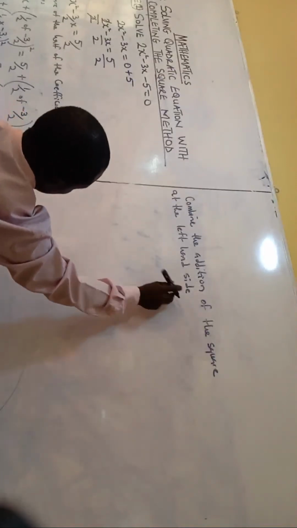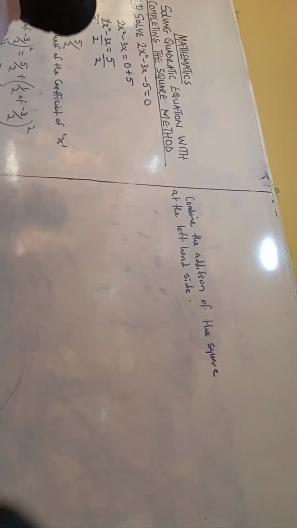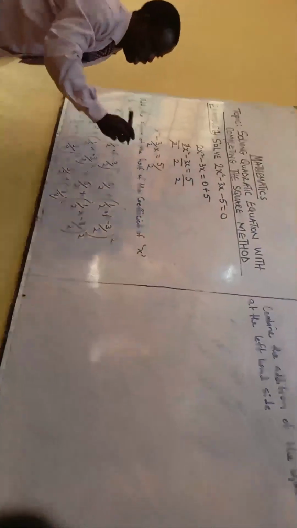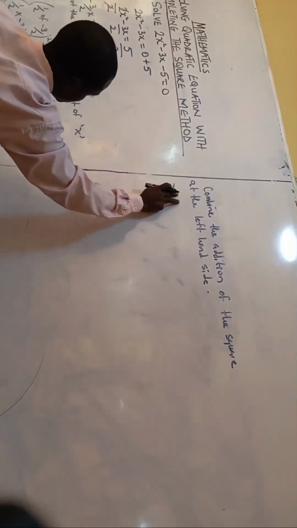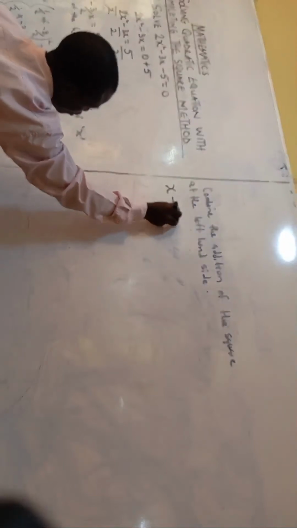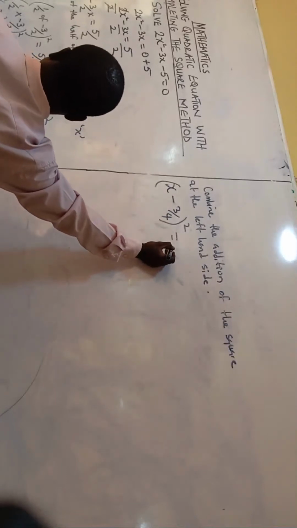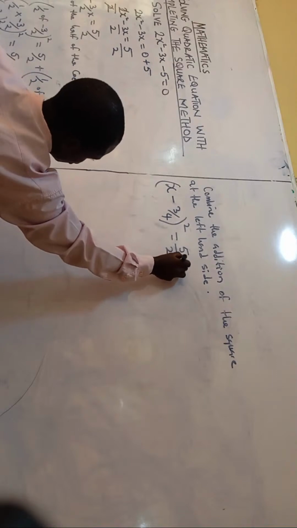Just combine. When you say combine, you already know what you are trying to say. Now you are not bringing this x squared and you are not interested in this again. You now have x minus 3 over 4 bracket squared equals 5 over 2 plus minus 3.